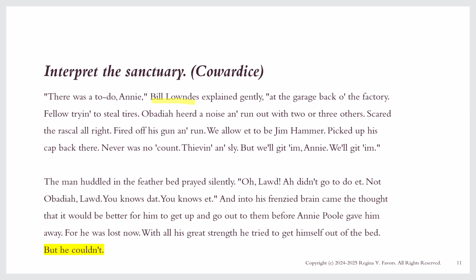But he knows he could go out and turn himself in. He's not going to do that. His sanctuary is whining and cowardice and lying and being a no count trash and premeditating getting other people involved in his mess. To me, he refused. The better word would be he refused to go out. But his sanctuary is cowardice.